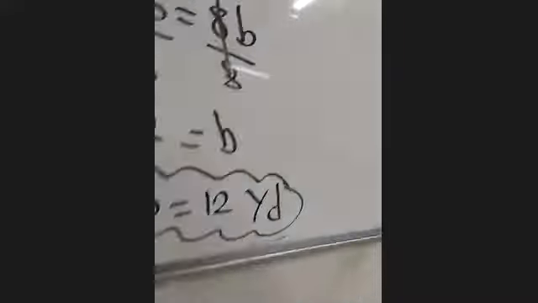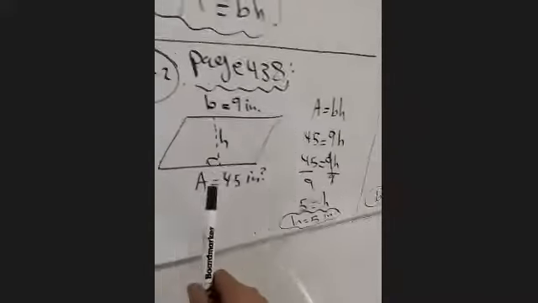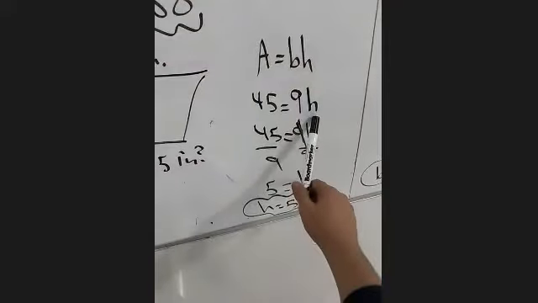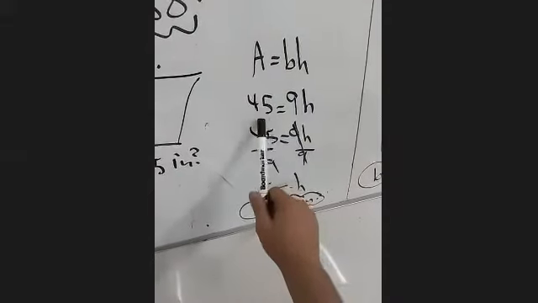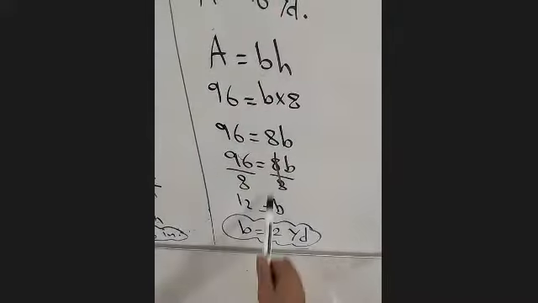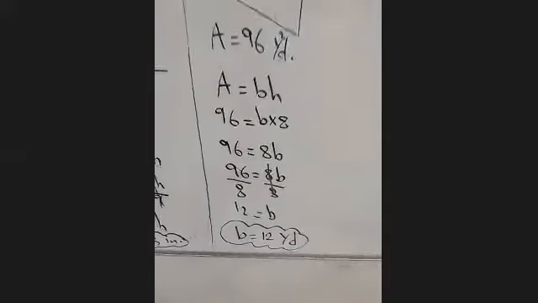Now, how do we check our solution, guys? Here in example 1, if you replace H by 5, it will be 9 multiply 5, which is 45. So my answer is correct. Here, if I replace B by 12, it will be 12 times 8, which is 96. So my answer is correct.